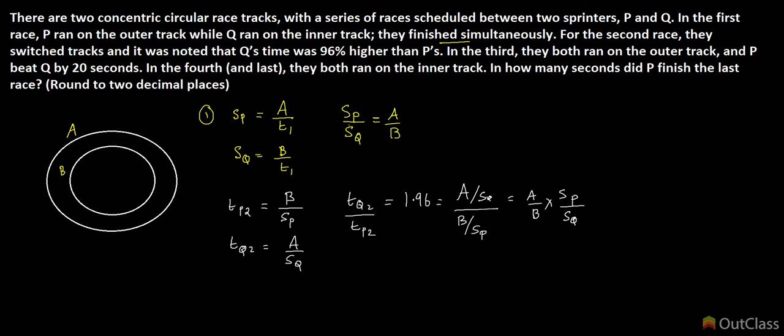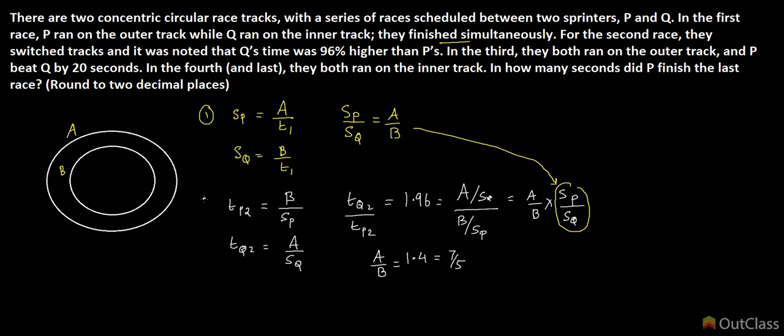Notice that SP by SQ has already been found to be equal to A by B. So when we make the substitution here, you are going to get (A by B) the whole squared is equal to 1.96, which I'm going to rewrite as A by B is equal to root of 1.96, which is 1.4, which is nothing but 7 by 5.